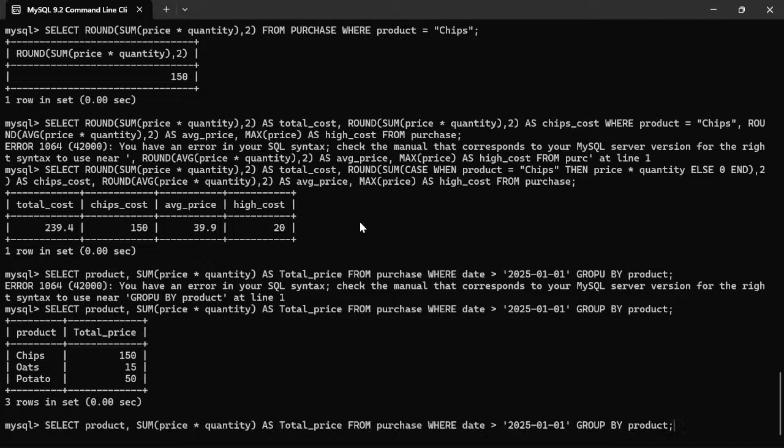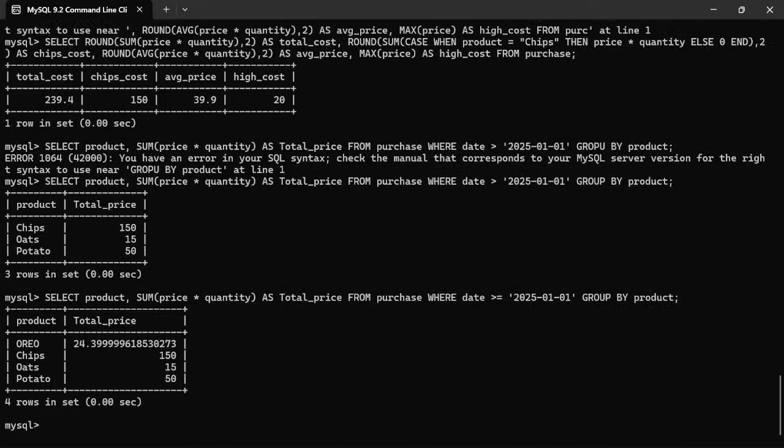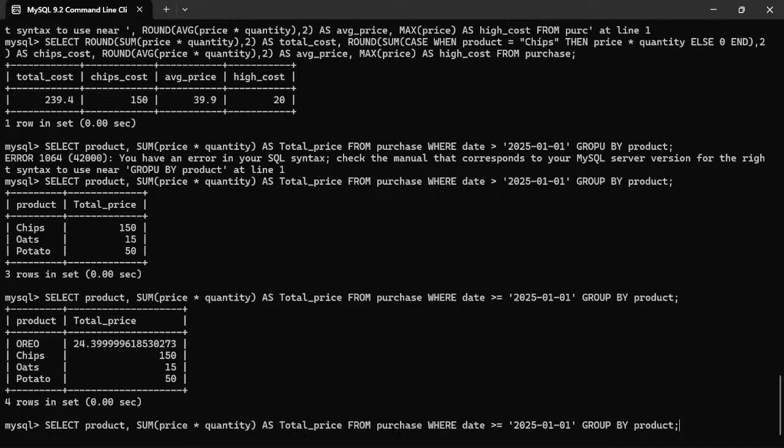If I include this also, that is greater than and equal to, the Oreo also will be there. So group by product means they are combining the product, and I think for total price there is also another problem, that I have to round it.